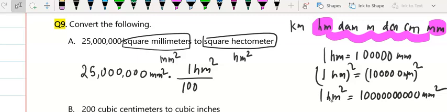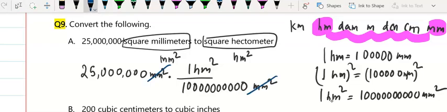In other words, after 1 you have 10 0s, 1 2 3 4 5 6 7 8 9 10, and this is millimeter square. So millimeter square cancels, and you see the answer in hectometer square. That's what we need, in other words, square hectometer.